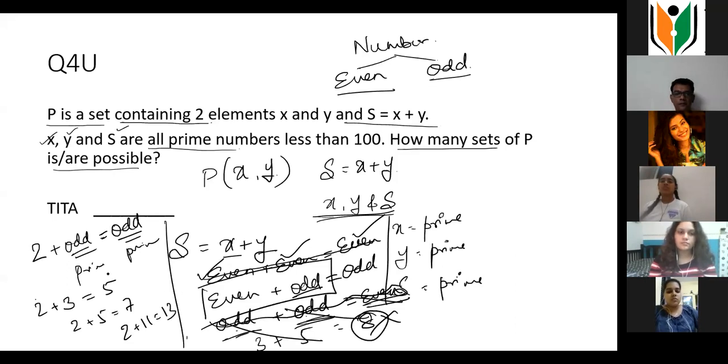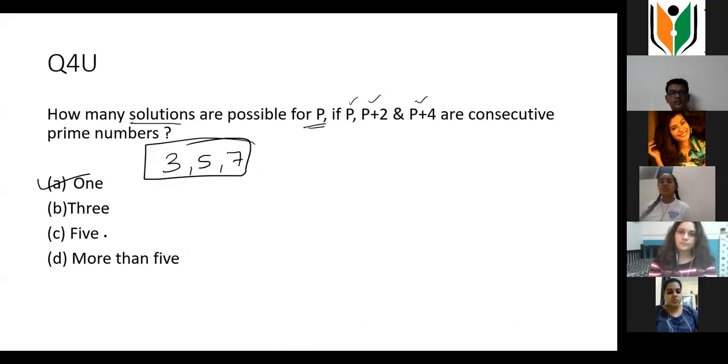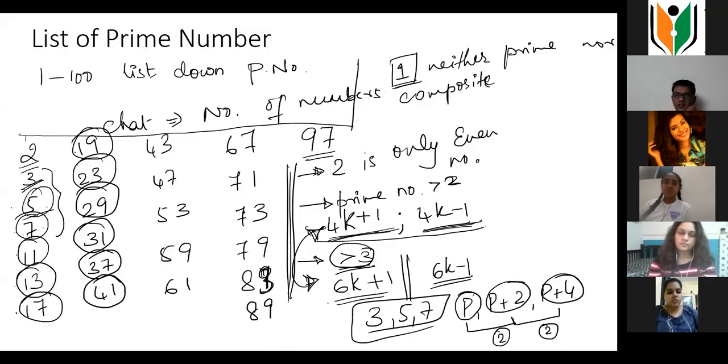Right? So if I'm looking at these kinds of opportunities, can you tell me how many such opportunities exist? How many 2 plus a prime exist where the sum is also a prime?